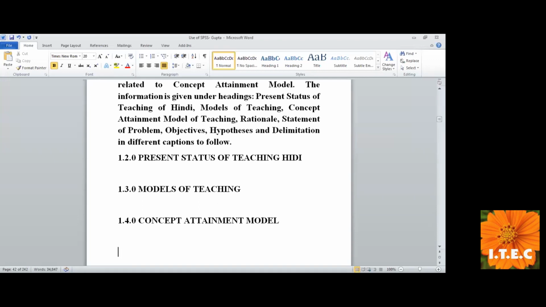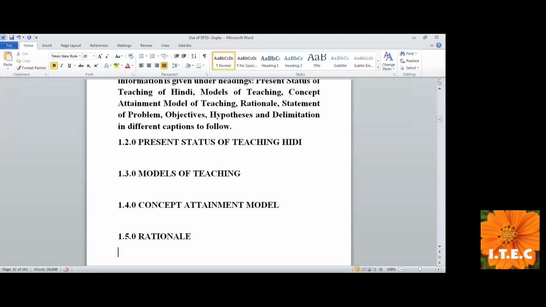Now then, 1.5.0 will be the rationale. Now here, you should write, I'm giving in the bracket, you should write 2-3 paragraphs about why the teaching of concept is important.